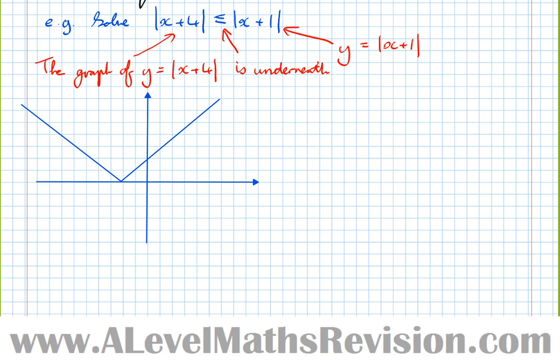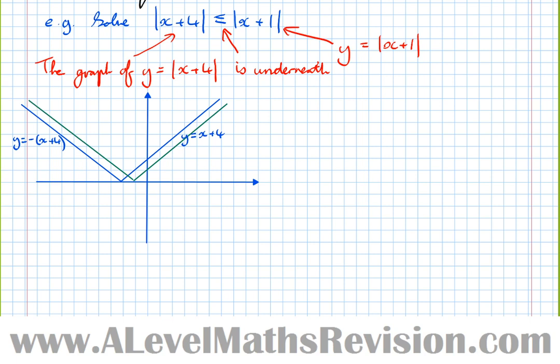So labeling the positive part, the unreflected part, y equals x plus 4. And we've got the negative part here, y equals minus x plus 4, the reflected part. Y equals mod of x plus 1, so a parallel line, but that crosses a bit lower, like that, and reflected.